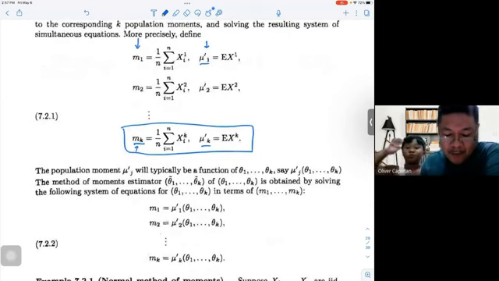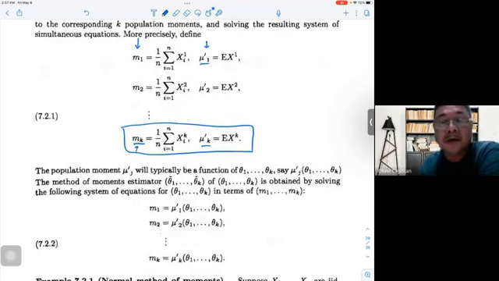So the population moment, mu sub j prime, will typically be a function of our parameters, theta sub 1 up to theta sub k. So we can simply write mu sub j prime as a function of the parameters. The method of moments estimators have their own notation in the book of Casella and Berger. The estimator is denoted with a tilde.